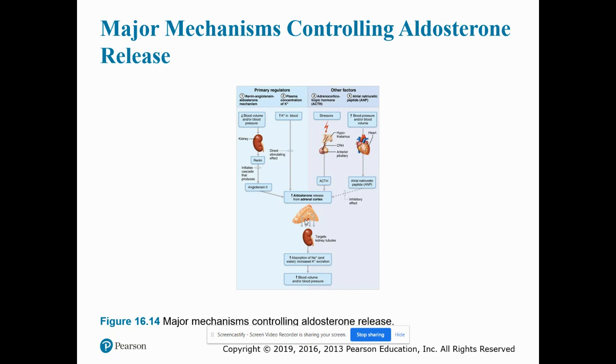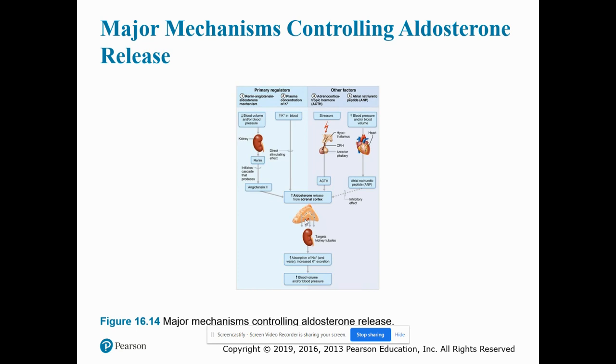And this is what each of these are showing. The first one is the renin-angiotensin-aldosterone mechanism. That decrease in blood volume is going to trigger the secretion of renin, which is going to cause that enzyme cascade, which is going to produce angiotensin 2, which is going to cause the release of aldosterone. Also, an increase in potassium in the blood causes those cells in the adrenal cortex to release aldosterone.